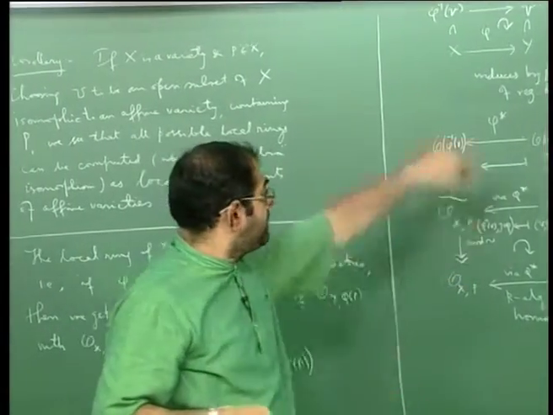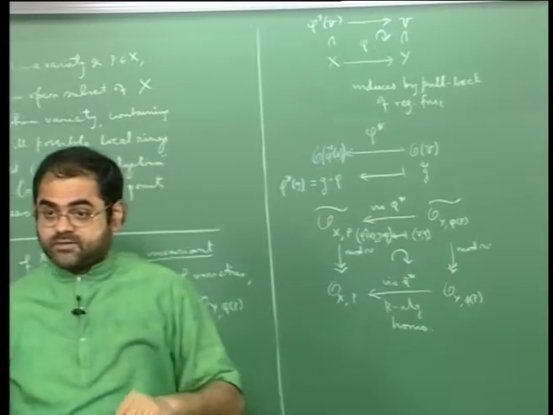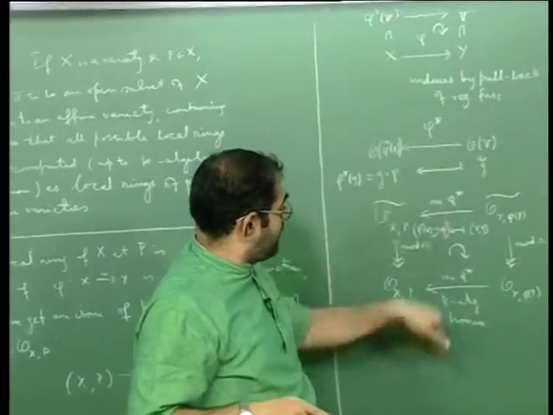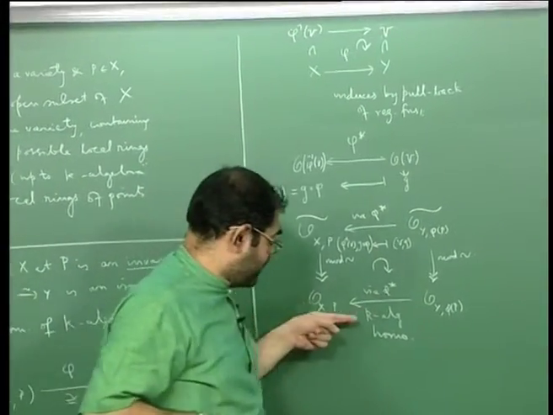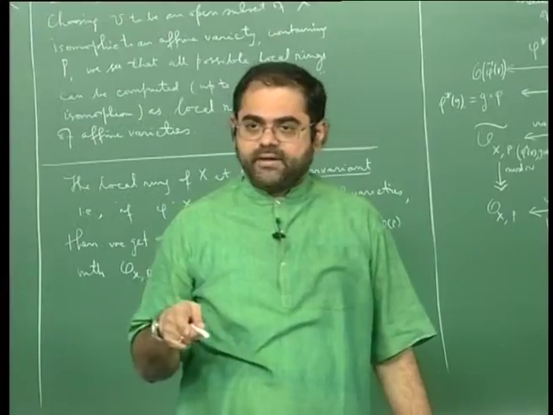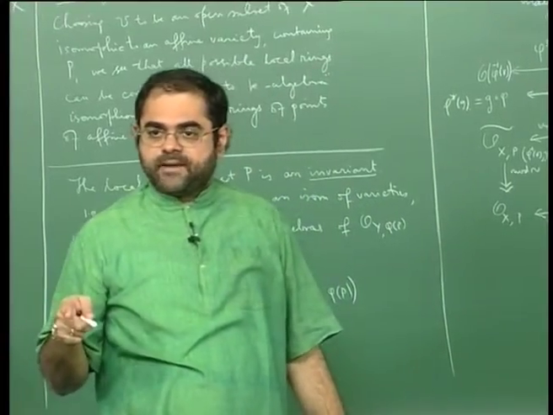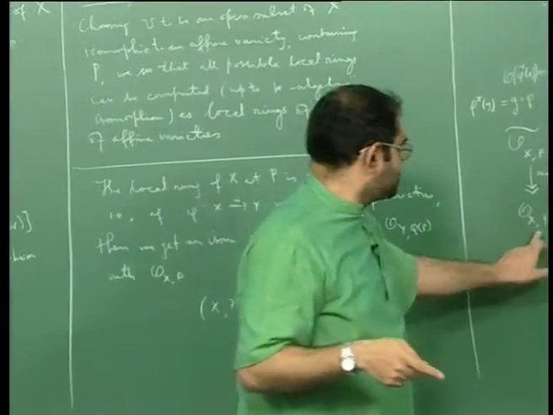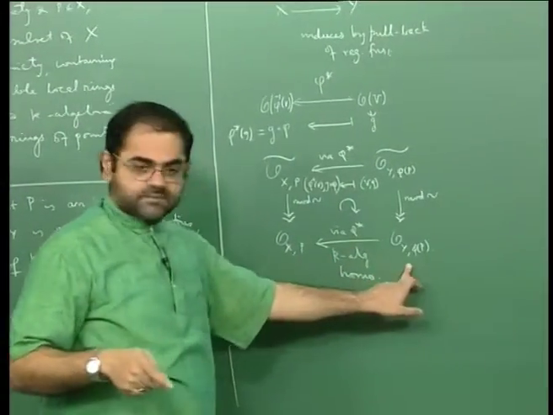Whatever I have written here for phi, I can also write for phi inverse, because I know phi is an isomorphism. So I will get a map like this, and you can check that these two maps are inverses of each other, and therefore that will give you an isomorphism of this with this.